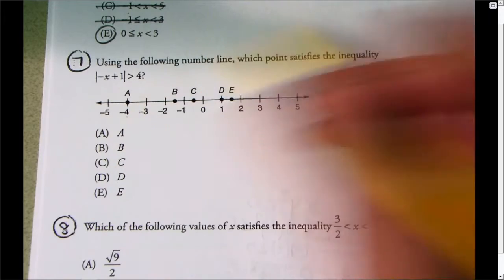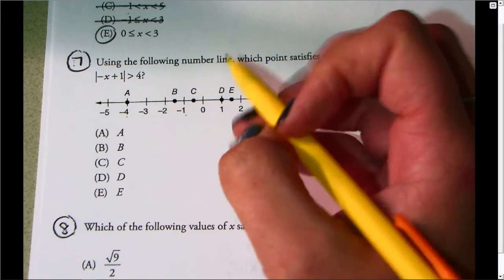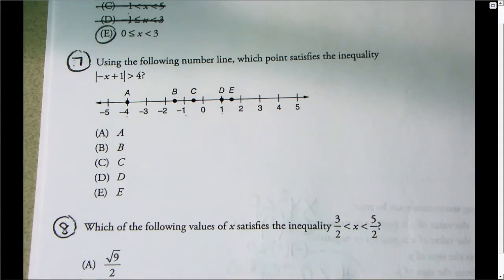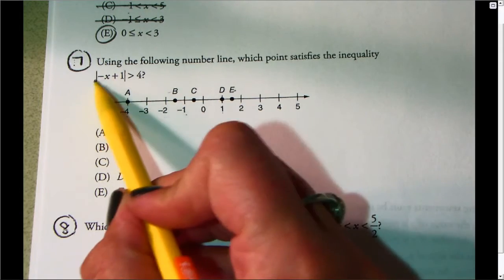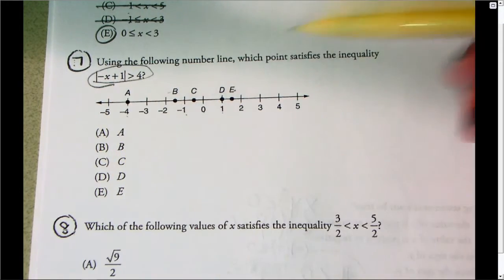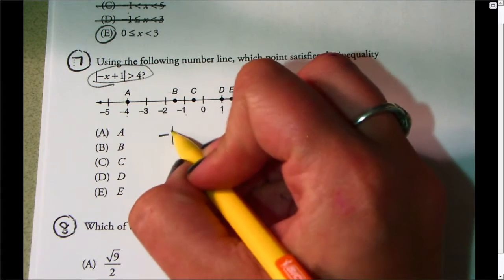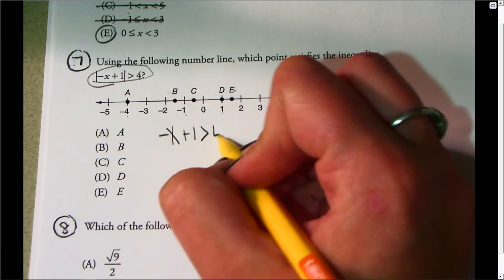So A is obviously 4, B is between -1 and -2, and then C is between -1 and 0, D is 1, and E is 1.5. You're looking for which one of these letters, when I graph this, will be shaded over. So the first thing I'm going to do is solve it. So that's an X. Negative X plus 1 is greater than 4.